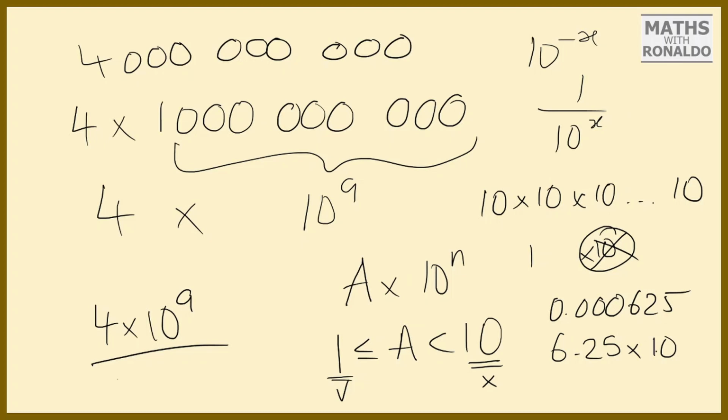And 6.25 divided by 10 to the power of something will give you this. And to find that something, we need to move, in quotation marks, the decimal place. Moves 1, moves 2, moves 3, and it moves 4. We're moving 4 places to the right, and we're doing the opposite of that here, so we're moving 4 spaces to the left to get from 6.25 to 0.000625. That is your answer in standard form.